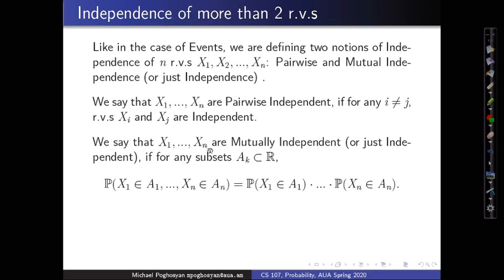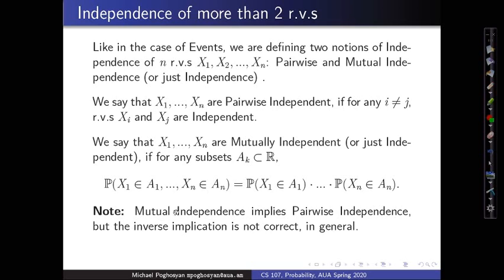So x1 to xn are independent if for any subsets A_k in R, the probability that x1 is in A1, x2 is in A2, etc., xn is in An, can be calculated as a product of the individual probabilities. So the probability that x1 is in A1 times the probability that x2 is in A2, etc. This is a straightforward generalization of the 2-dimensional case, independence of 2 random variables.